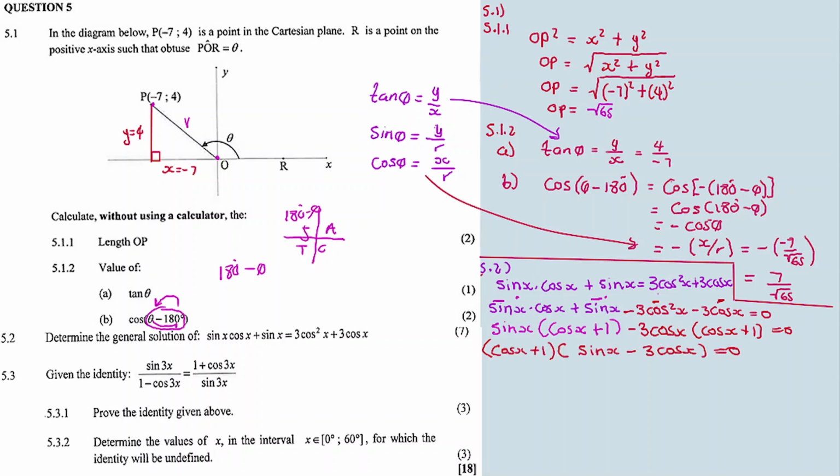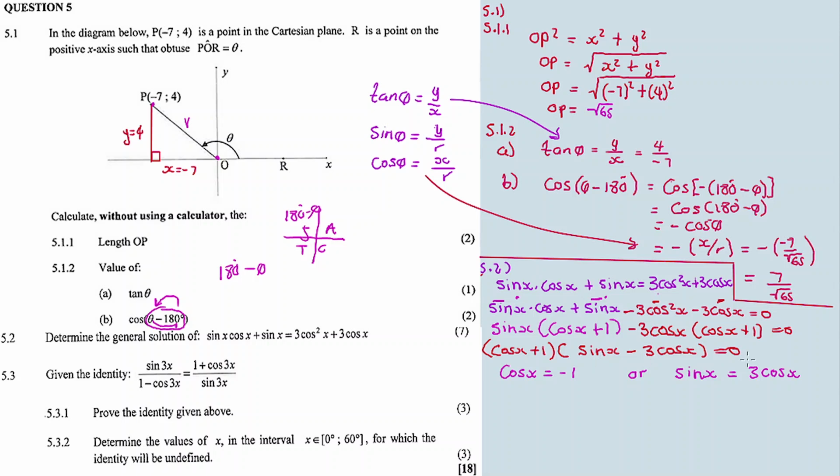And then again I take out 2 cos x plus 1 as a common factor, leaving sin x minus 3 cos x again. Now this is a zero factor law. These brackets are equal to 0 and I solve for the trigonometric ratio, and then I do the same here.